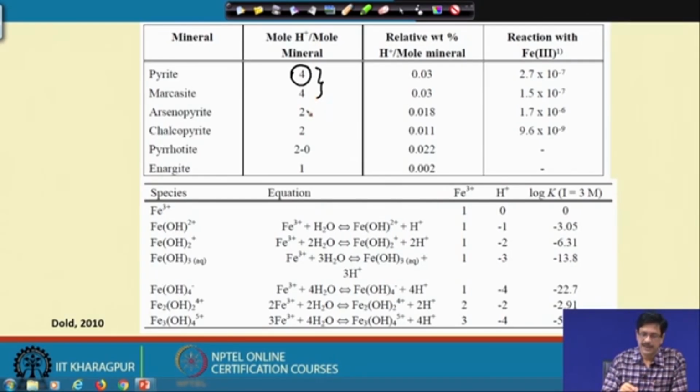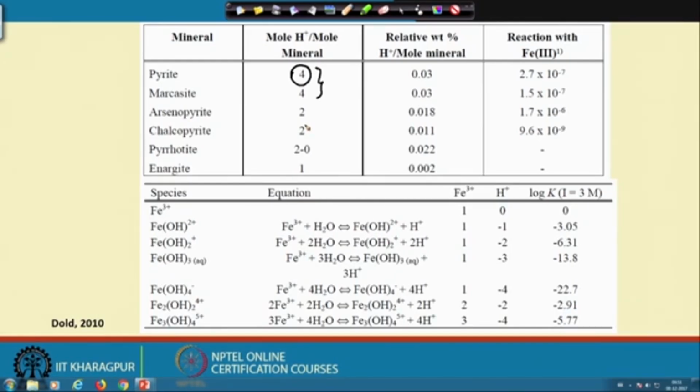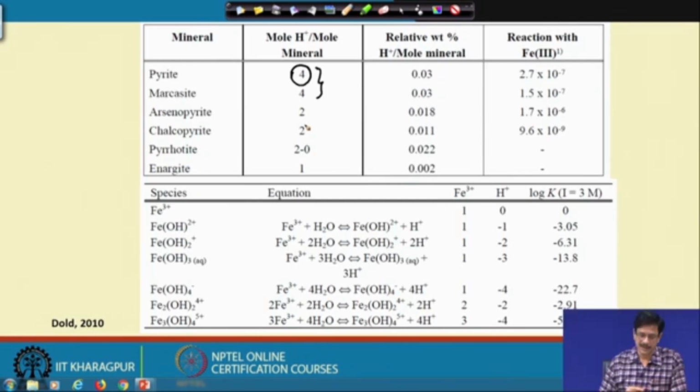Arsenopyrite releases 2 moles of H plus ions. Chalcopyrite we have also seen such reactions: with oxidation in the presence of water, it releases copper 2 plus ion, sulphate ion, and also iron. Pyrrhotite is rather a weak source of generation of acid mine drainage. It generates about 0 to 2 depending on what form it is. Sometimes the textural characteristics of the pyrite are also important.